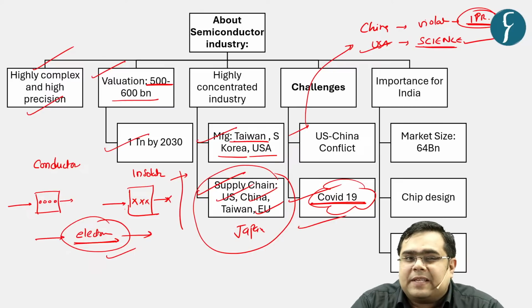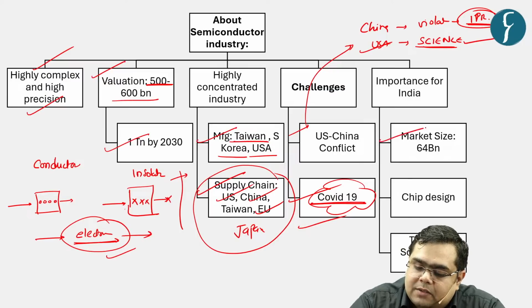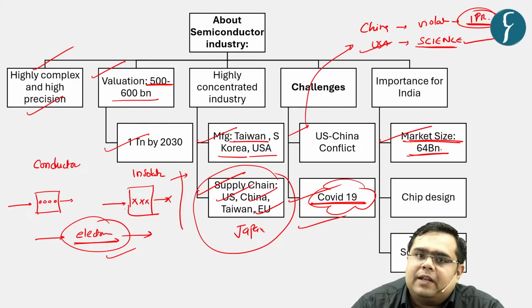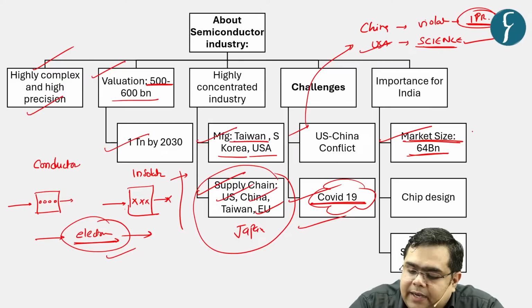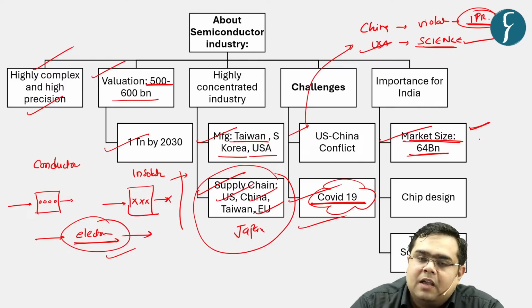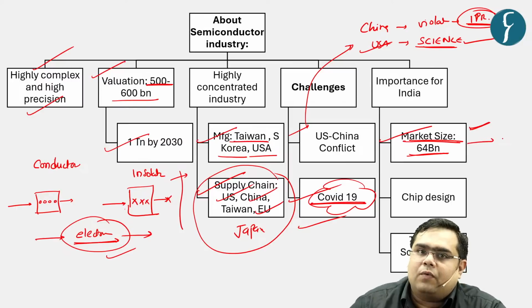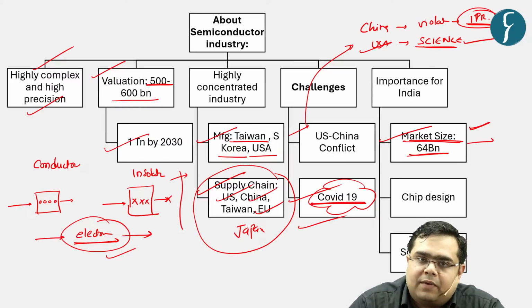Now, what is the specific importance of this sector in the context of India? When it comes to us, the market size alone in India is close to 65 billion US dollars, and when other foreign companies are coming up and eating up these profits, we need to learn that this is net outflow of foreign funds from India.